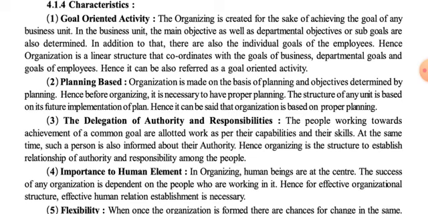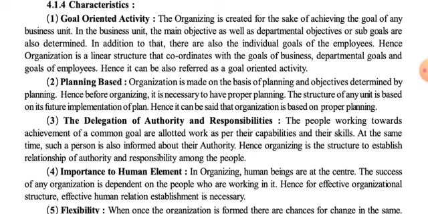In organizing, we are deciding the level of authorities and responsibilities in a linear manner: at the top level there will be the board of directors and general managers, who have the highest level of authority and responsibility, while at the middle level the managers possess authority and responsibility regarding their department and working area only, while at the bottom level there should be proper authority and responsibility according to their work areas only.